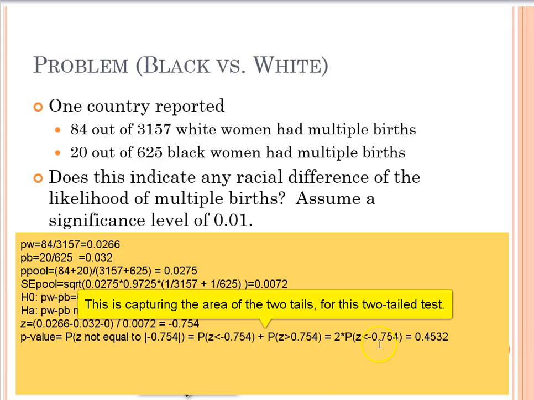What I've shown you before is that you can just take that probability and times it by 2. So because we are dealing with a negative z-score, you'll reach below and times by 2, and that gives you 0.4532. But an equivalent statement would just be to reach below negative 0.75 and reach above 0.75, the positive value. These probabilities are going to be equal because of the symmetry of the normal model.